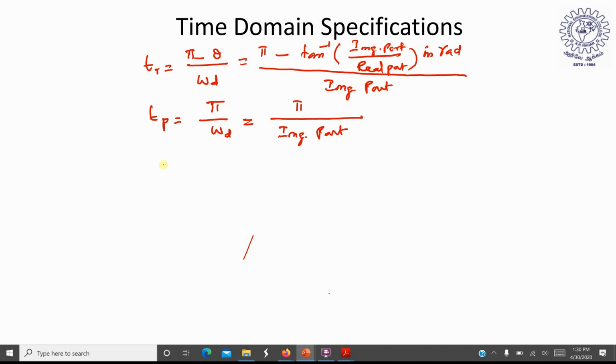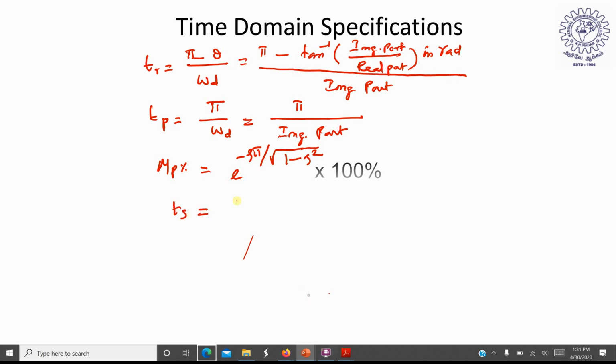Similarly, we can easily find peak overshoot, which is e power minus pi zeta divided by root of 1 minus zeta square. In the last slide we saw that from the angle with respect to the negative real axis, we can find the zeta value. From zeta we can easily calculate the peak overshoot using a simple calculation. What may be your settling time?